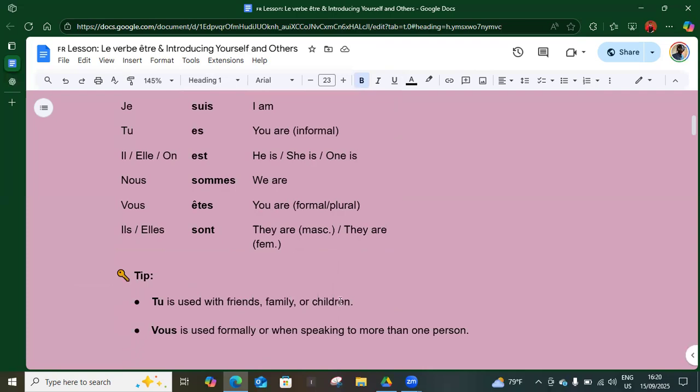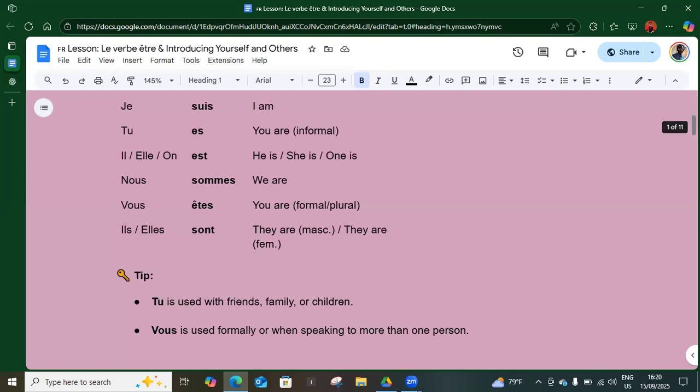So you can use tu to address your friends, your family members, or your children. And vous, which also means you, but it is formal, is used formally or when speaking to more than one person. Please take note of these two tips, okay?